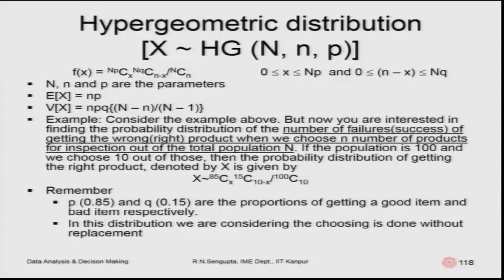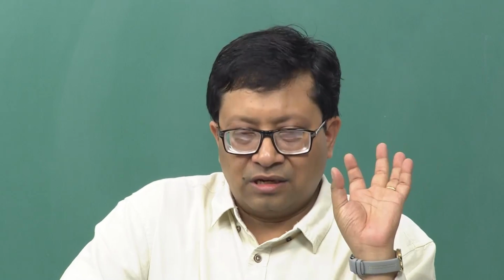So, x is the random variable, the hypergeometric distribution is denoted by Hg, and the parameters are capital N, small n and small p, where small x are the realized values, and the number of observations, depending on the characteristics we want to find out, would be between those two limiting values.